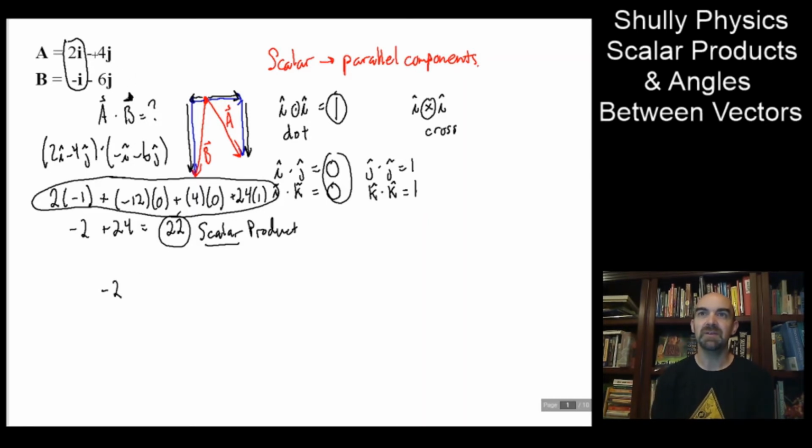And negative 4j dot negative 6j is negative 4 times negative 6 is 24, and j dot j is 1. So there we go. It's a lot easier to do if you just stack them and work it with your eye, because the i dot j and j dot i pieces are 0. They have no bearing on the solution. Okay, so that's the scalar product. It's how you work it.